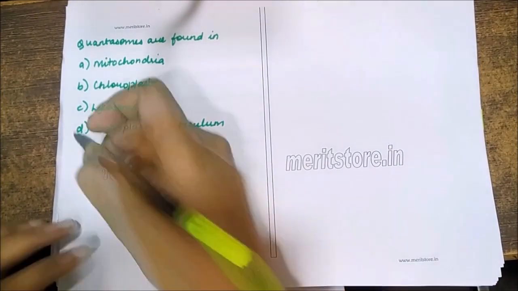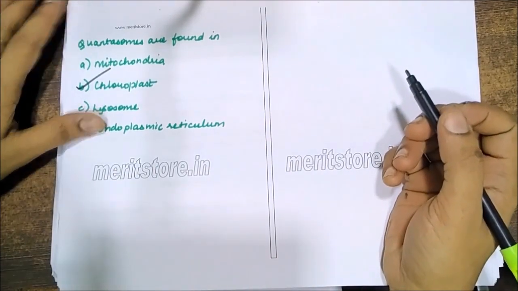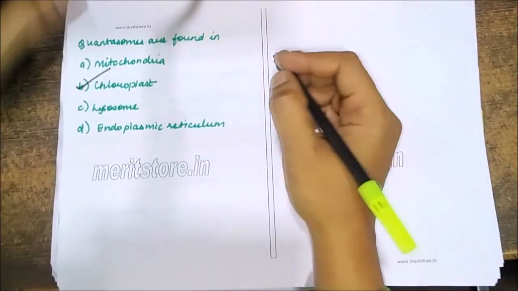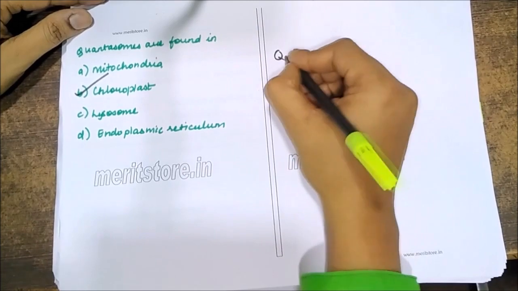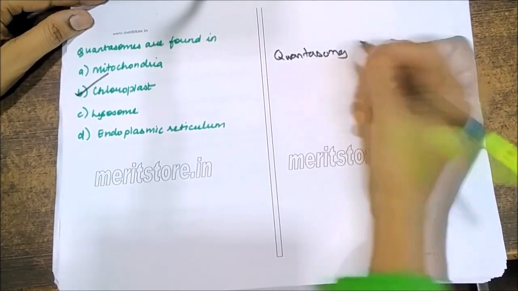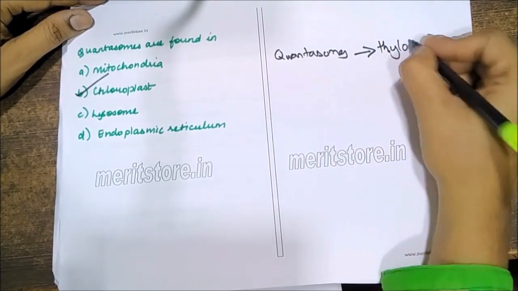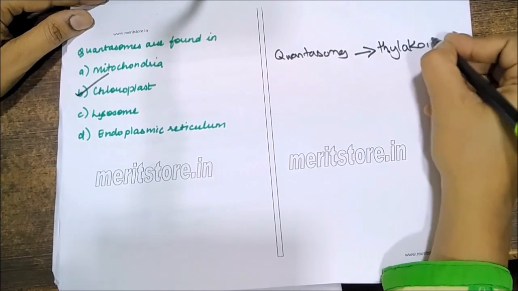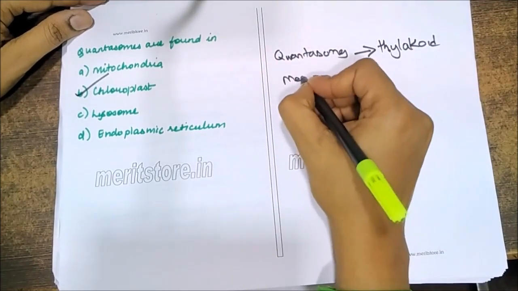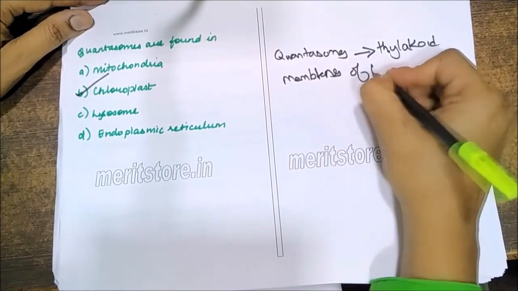Quantasomes are found in chloroplast. See, these quantasomes are found in thylakoid membranes of chloroplast.